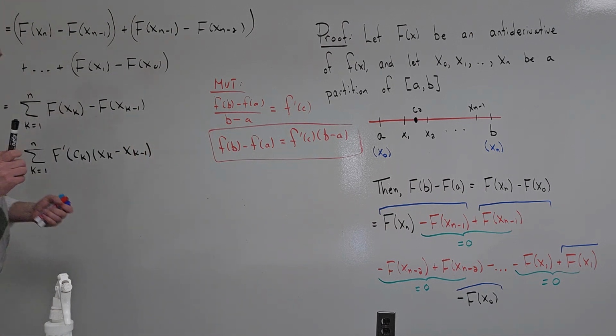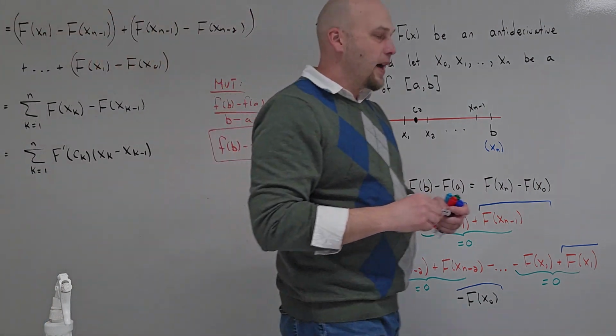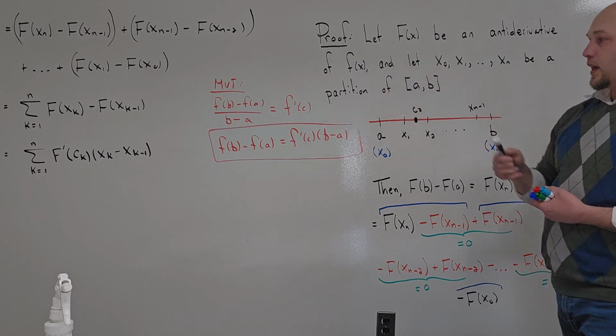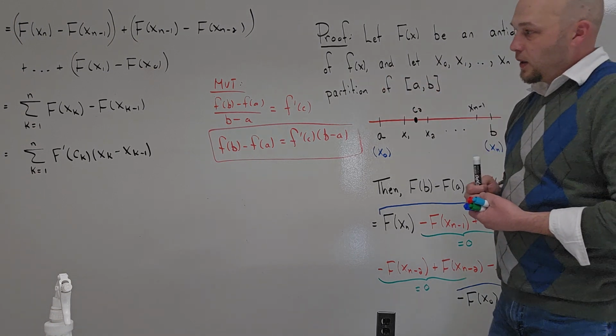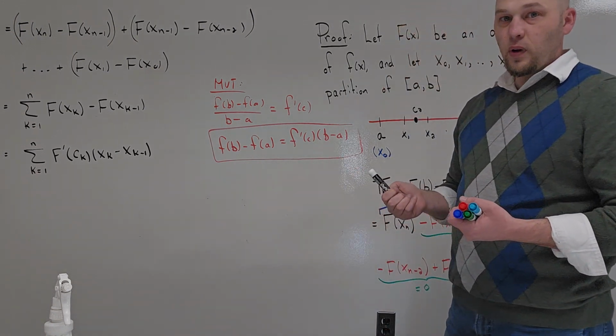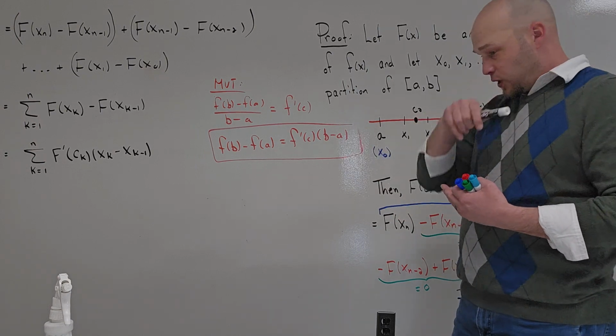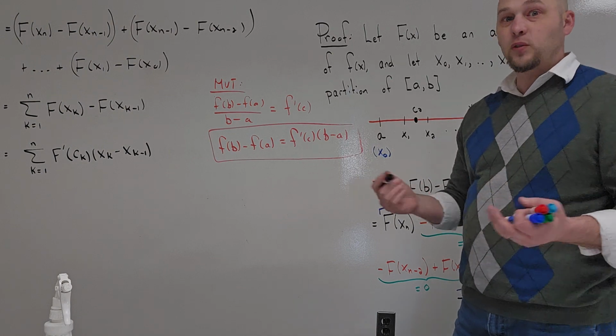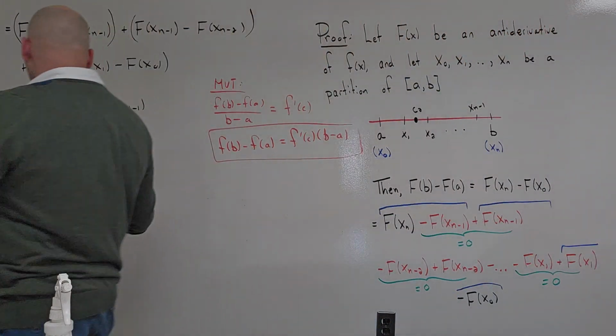Now, remember what f was. The capital function F was chosen to be an antiderivative of lowercase f. What that tells me is that since it's an antiderivative, when I differentiate capital F, I get lowercase f. That's what an antiderivative is.